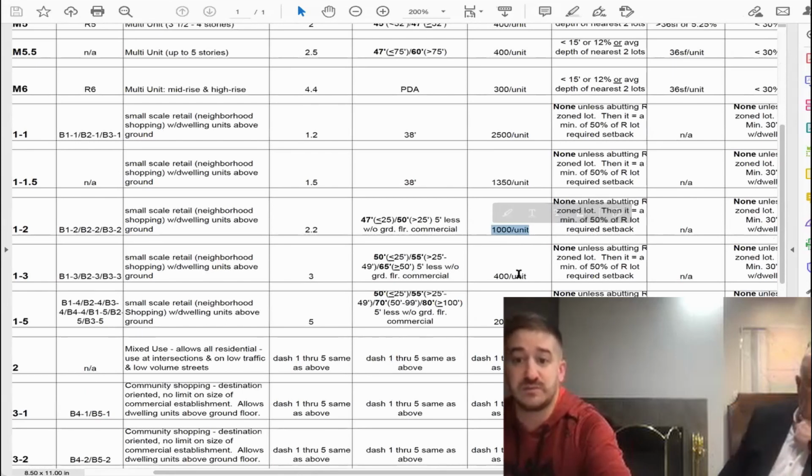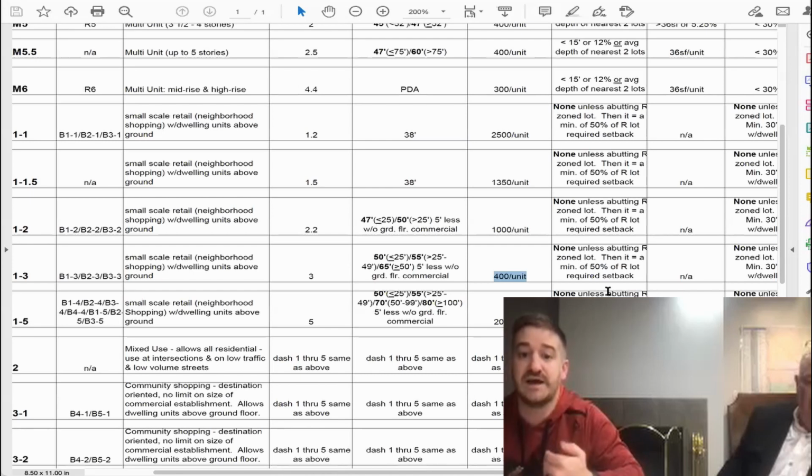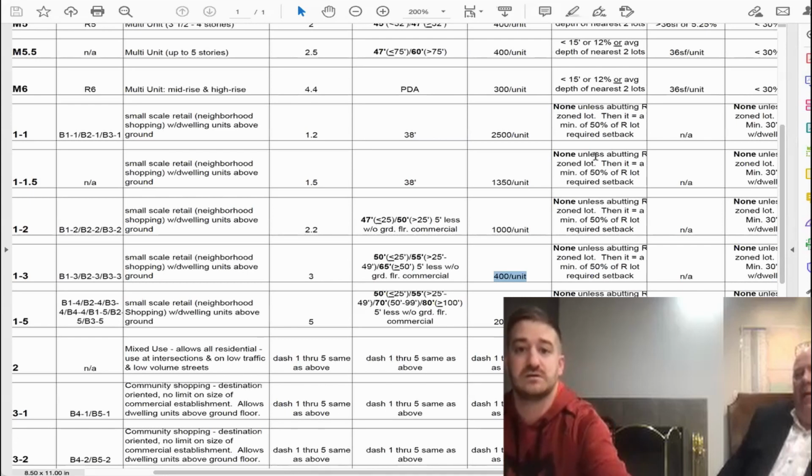But if I were to get the property rezoned to C1-3, my minimum lot area now goes to 400. So 3,104 divided by 400. Now you can build 7 units. So the higher the second number, the more dense that lot can be. And the FAR is bigger too.